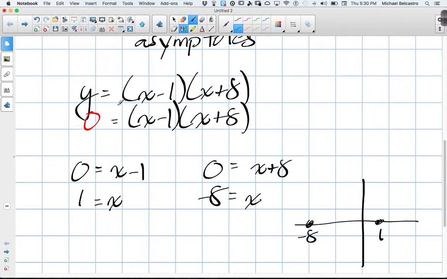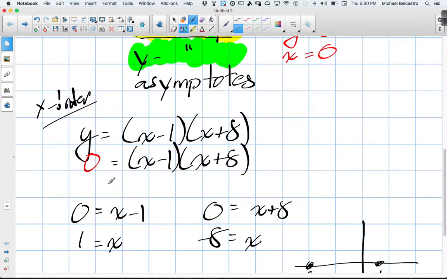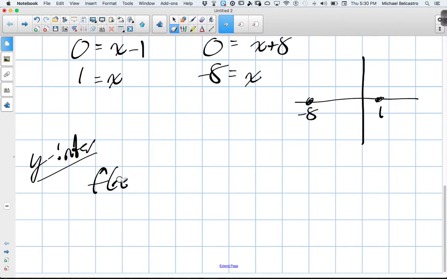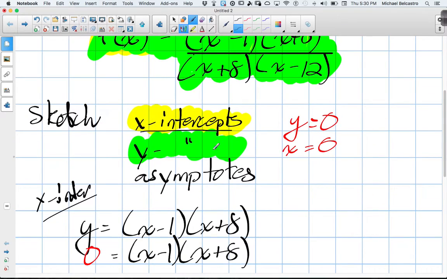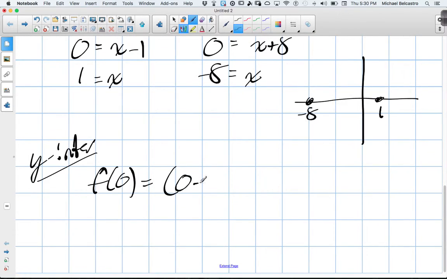This was for the x-intercepts, so we know what we did. This is for the y-intercept. Terrible handwriting. So f at x, or y, it doesn't really matter. Actually, it's not going to be f at x, it's going to be f at 0. We know we want to substitute 0 in for the x value, so we're going to solve f at 0, and that will be the y-intercept. So (x minus 1)(x plus 8): we have 0 minus 1, we replace the x, 0 plus 8.